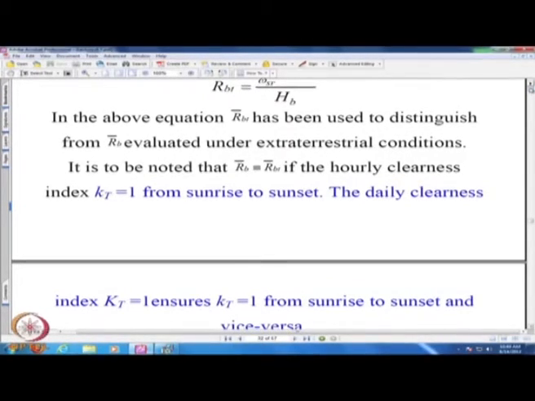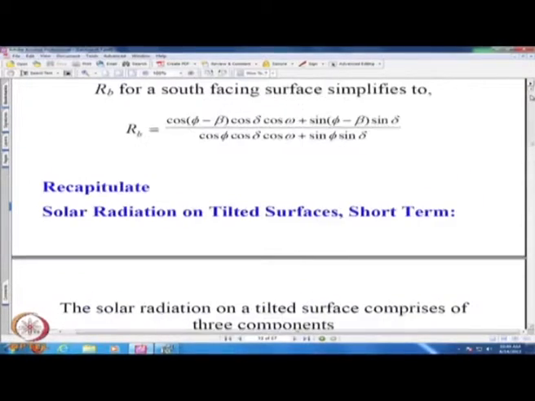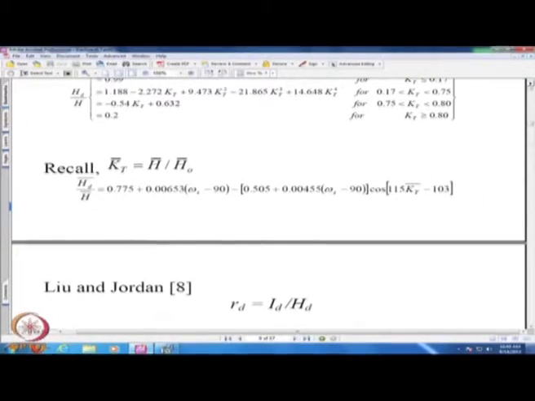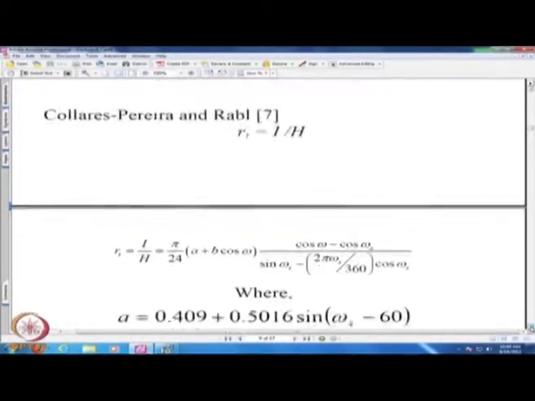They are analytical expressions, which are I d by H d. Let me go back. Yeah, this Liu and Jordan I d by H d and Collares-Pereira-Robles I by H.